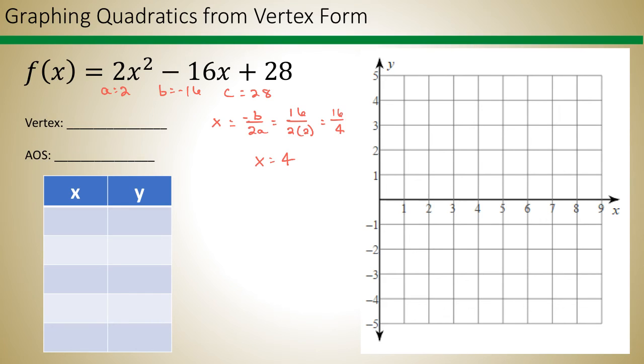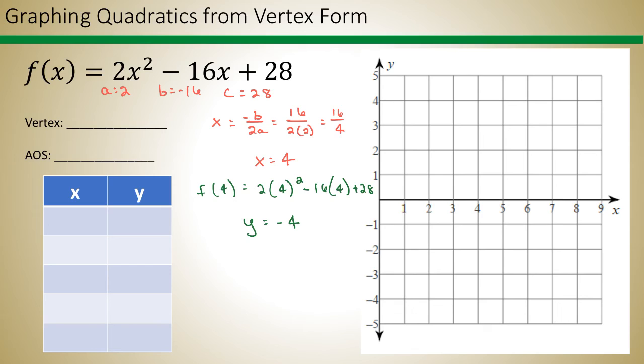Now find the y value. So we're going to take that 4 and sub it in, and we get 2 times 4 squared minus 16 times 4 plus 28. That is going to give me 32 minus 64, so that's -32, plus 28 is -4. So y is -4.